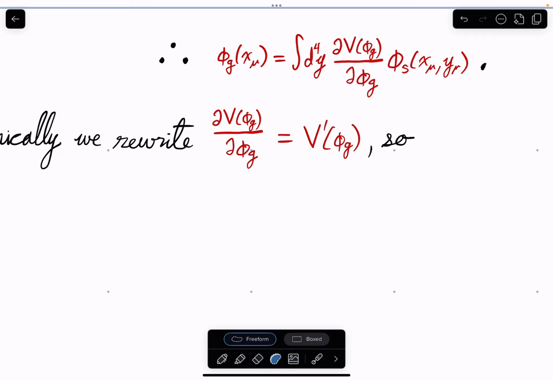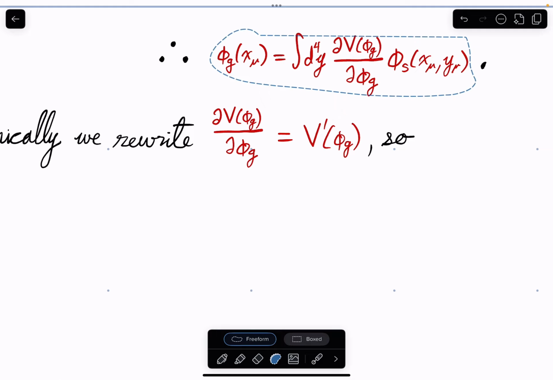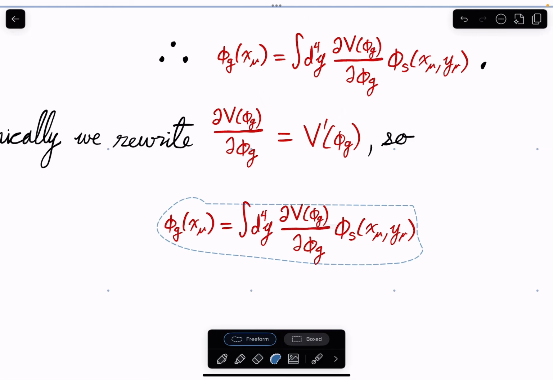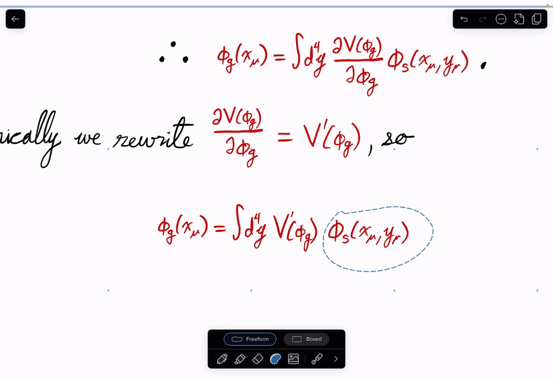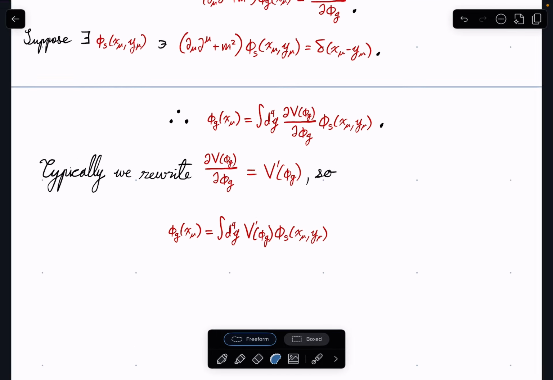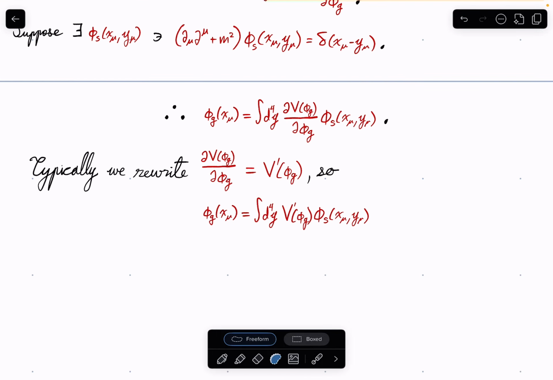So it's easier to rewrite the solution to this inhomogeneous equation as the integral over space-time of v prime of phi g times phi s x mu y mu. And this would be typically how it's written.